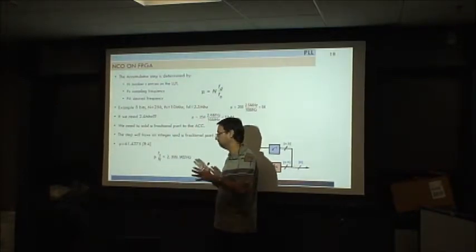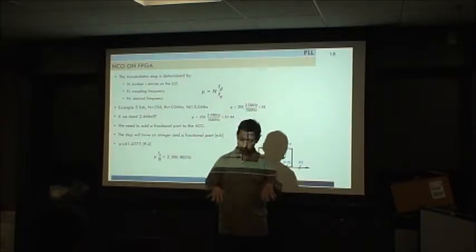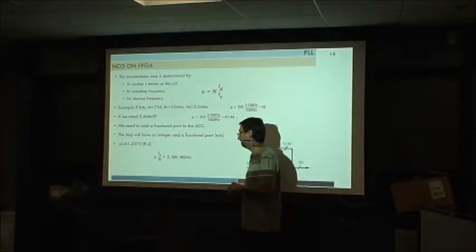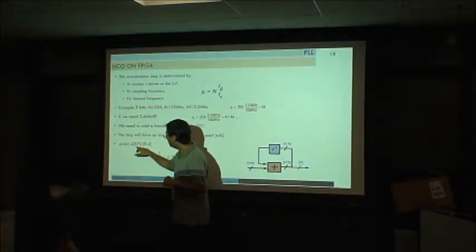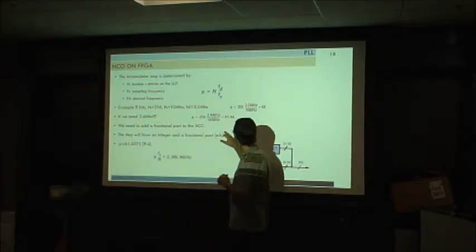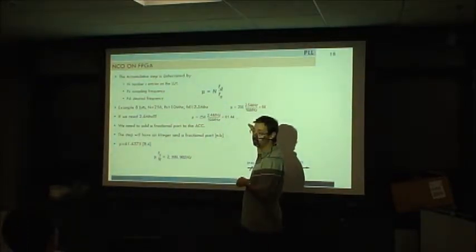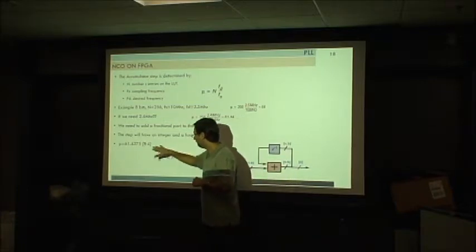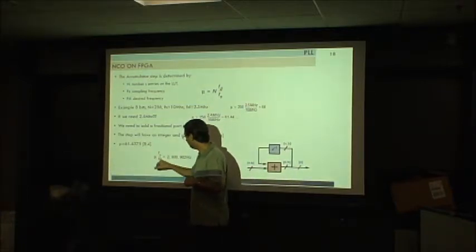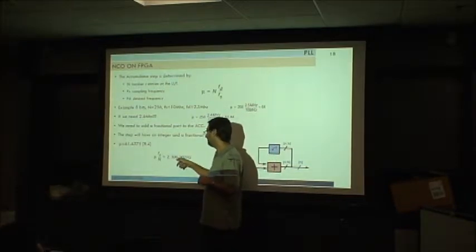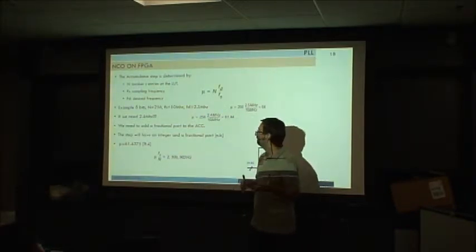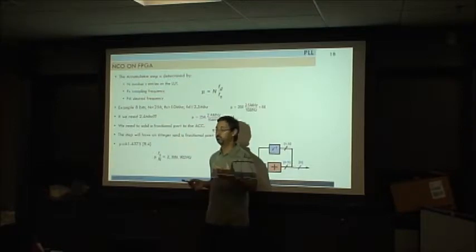This is some design stuff that we are not going so deep into. I'm just giving some idea how to choose this. But basically, with these 4 bits, you could discretize this number. That is not the same as this 0.4444 here. But basically, if you do the math again here, this is the frequency that you could get. This 2.399 is quite close to 2.4.